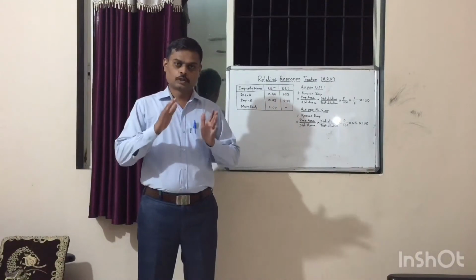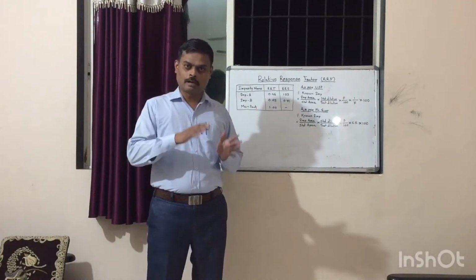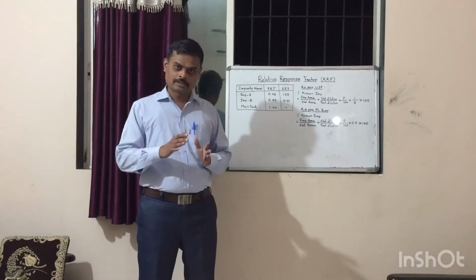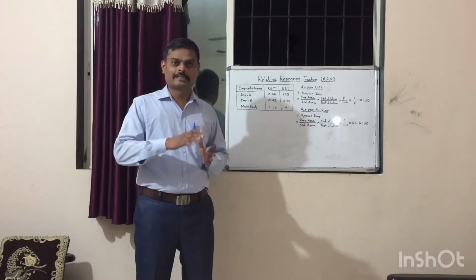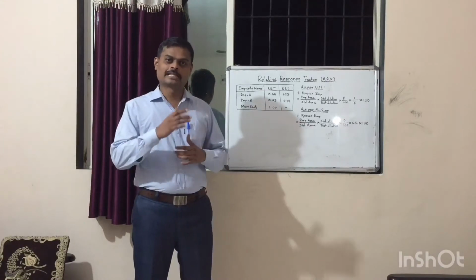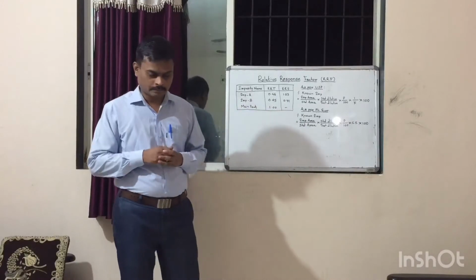As per ICH Q3A, there are two methods to calculate the amount of known impurities. The first method includes the comparison of the analytical response of the known impurity with the analytical response of the reference standard of the same impurity.